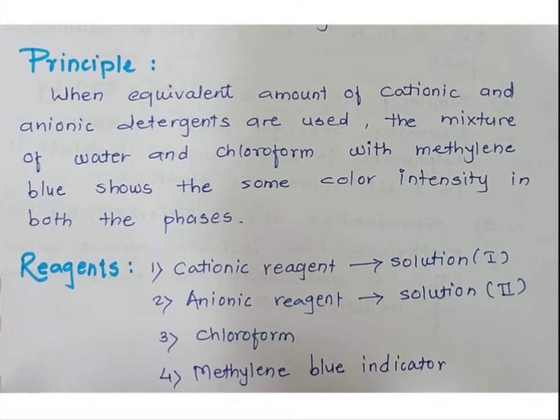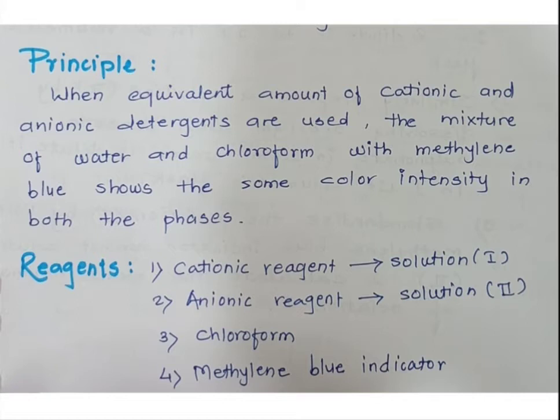So the principle is when equivalent amounts of cationic and anionic detergents are used. Cationic means, for example, Ca2+, anionic means negative species.